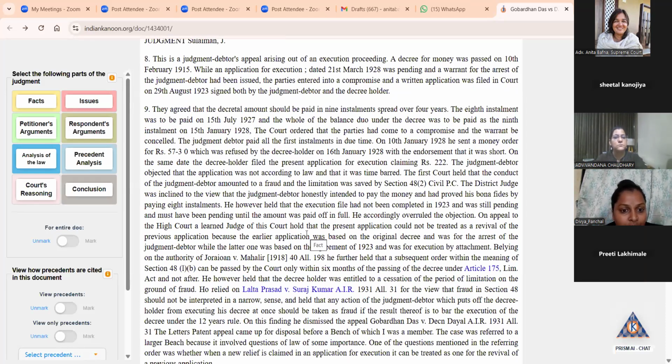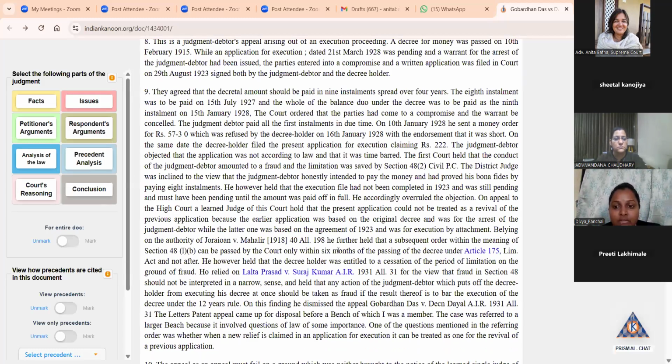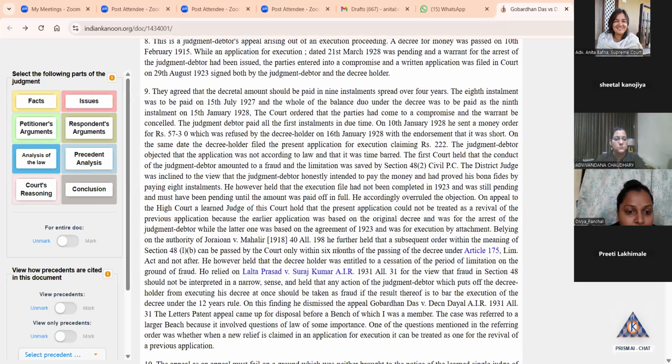Relying on the authority of Joran versus Mahalil, 1918-40 All 198, he further held that the subsequent order within the meaning of section 48 subsection 1 clause B can be passed by the court only within 6 months of the passing of the decree under Article 175 of the Limitation Act and not after.